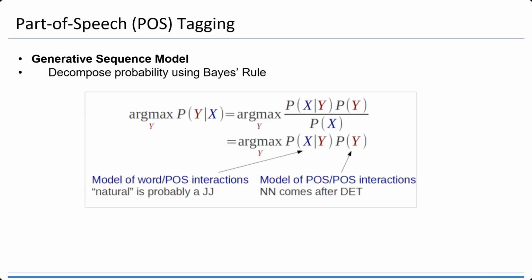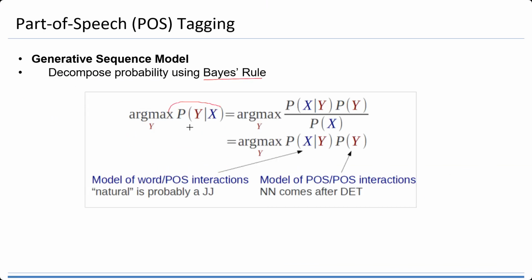We can use a generative sequence model. With the generative sequence model, we are not using only probability, but we use the Bayesian rule.